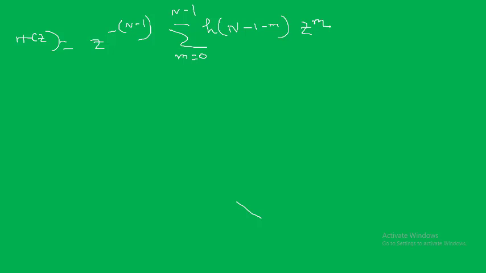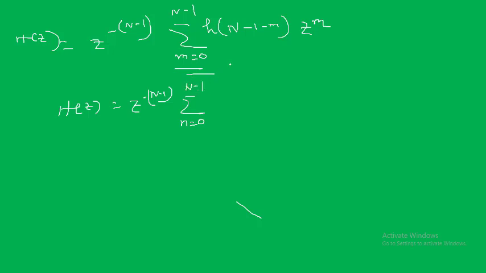Now changing this notation, if we change this index from m to n again, we get H of z equal to z to the power minus (N minus 1), summation over n equal to 0 to N minus 1.